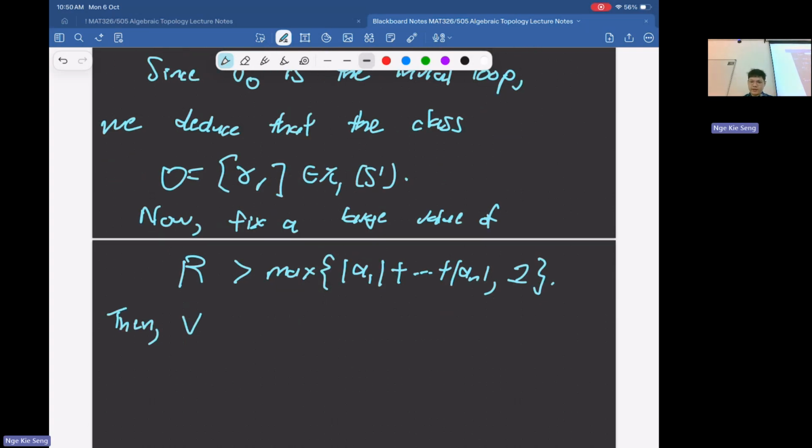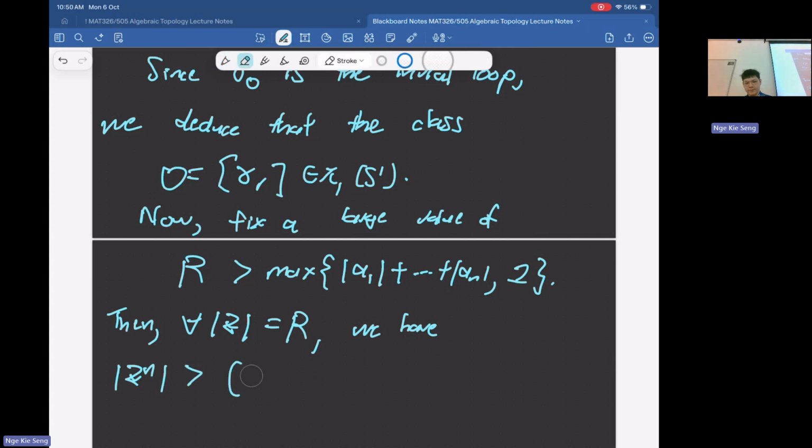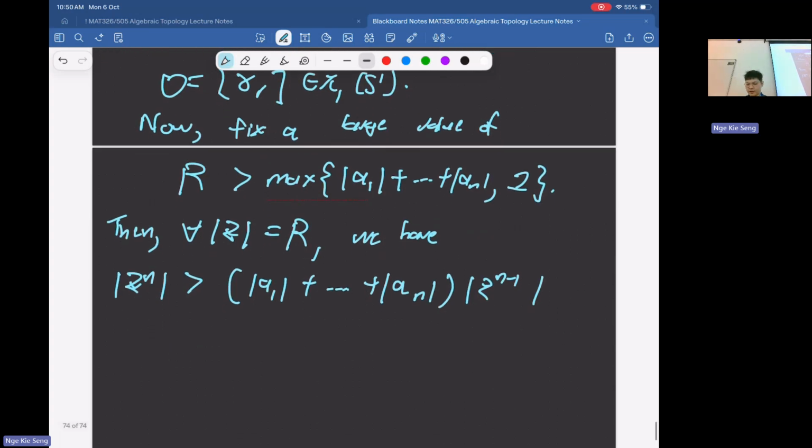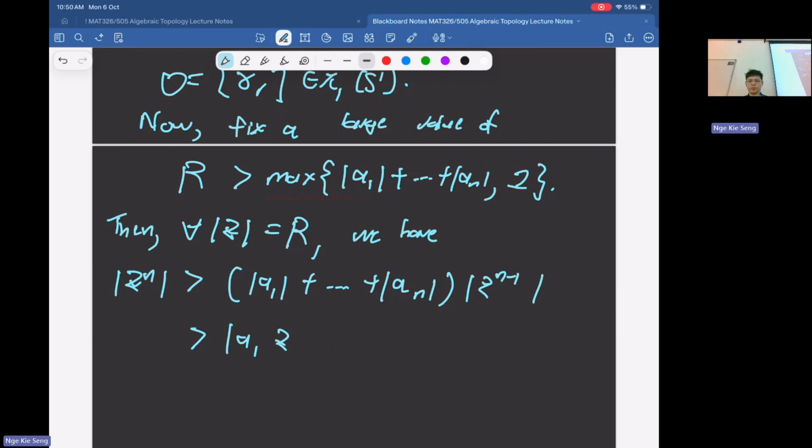Then if you look at a point that is R away, we can first use the definition of our Z, pull out one Z, because Z is R far, and this R is farther away than this sum here. Then we can use the triangle inequality to push this in.